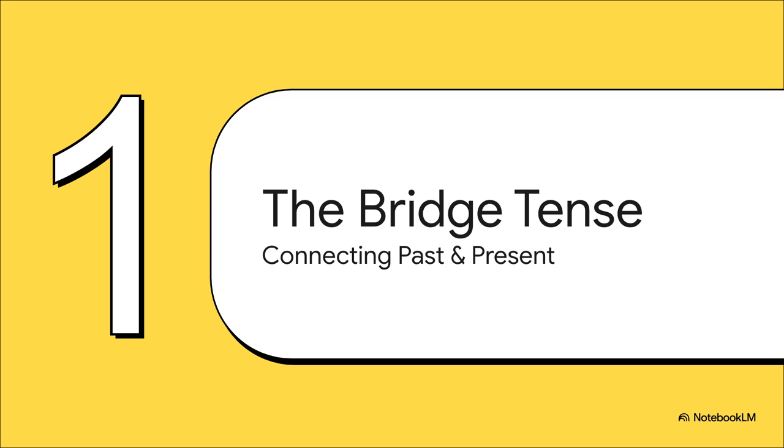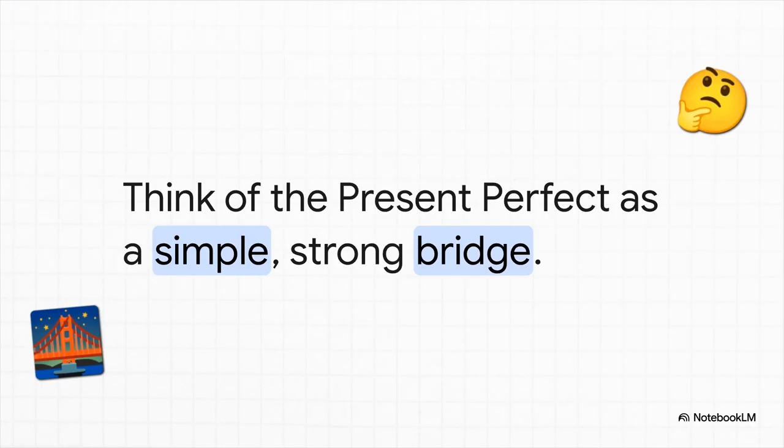So for the rest of this explainer, we're going to call the present perfect something new, the bridge tense, because that's its one crucial job. It builds a bridge. So just picture it in your head, a simple, sturdy bridge. This is going to be our go-to image for the present perfect.